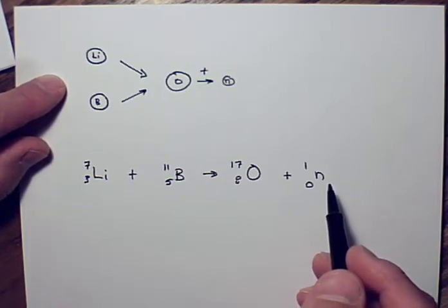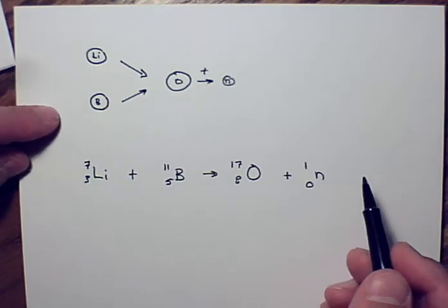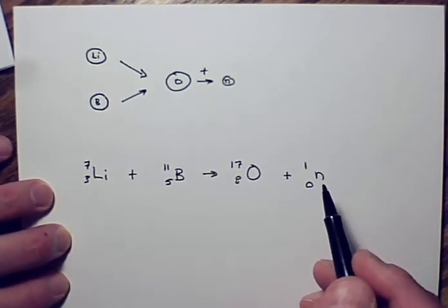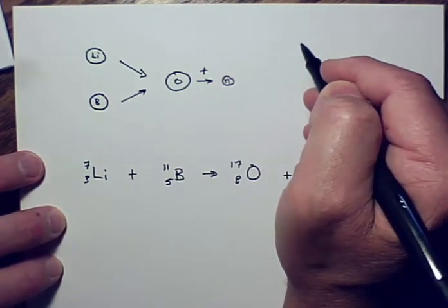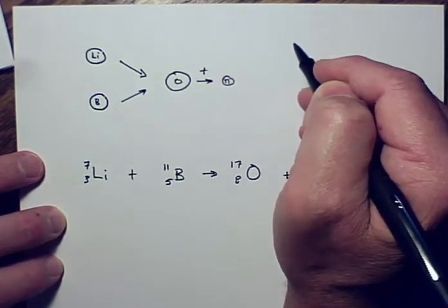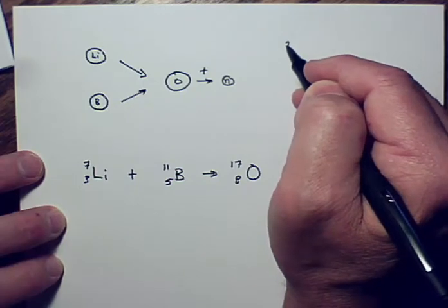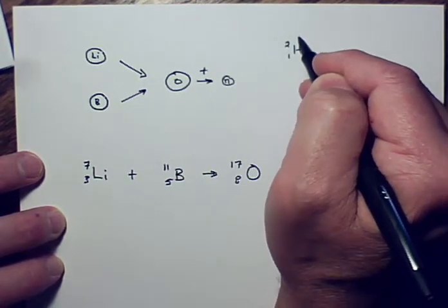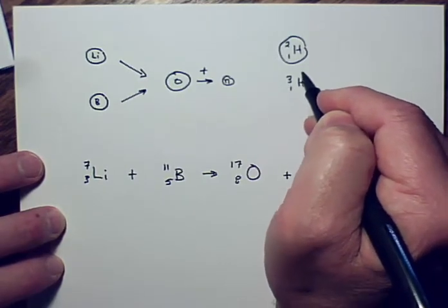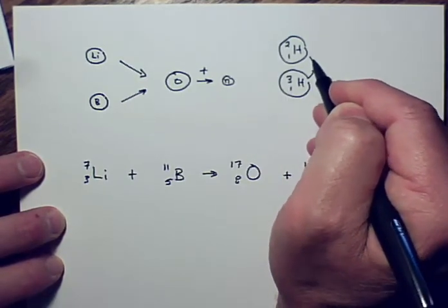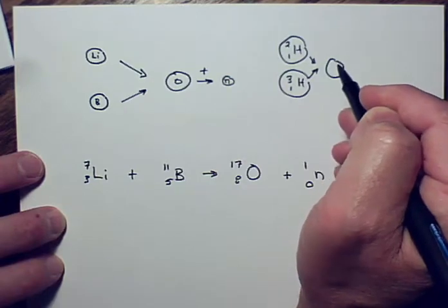fission. Now, very often we have an intermediate step. Wait, that's fission? I'm sorry, fusion. That's fusion. When we're putting together, say, hydrogen, that's deuterium, 2,1H, and tritium, 3,1 hydrogen, you get an intermediate step.